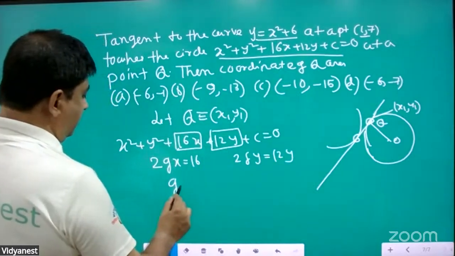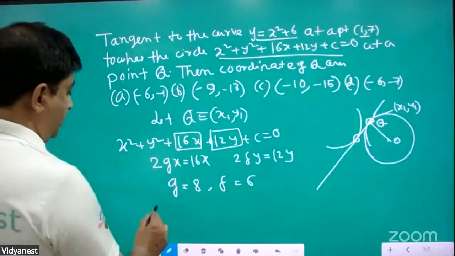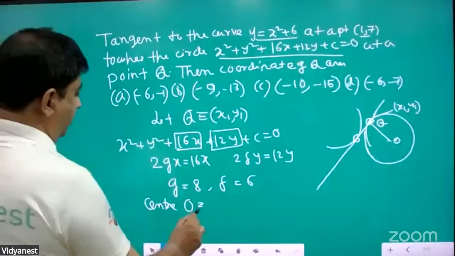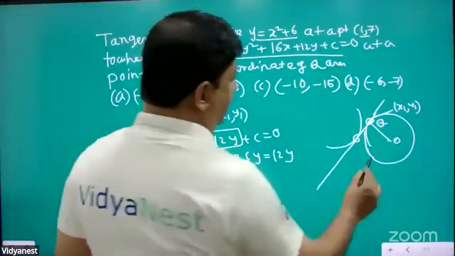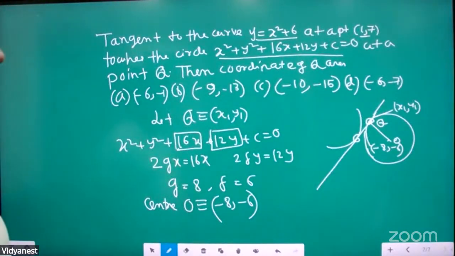So g is equal to 8, f is equal to 6. So the center O is minus 8, 6. Center O is minus 8, 6 and Q is x1, y1.